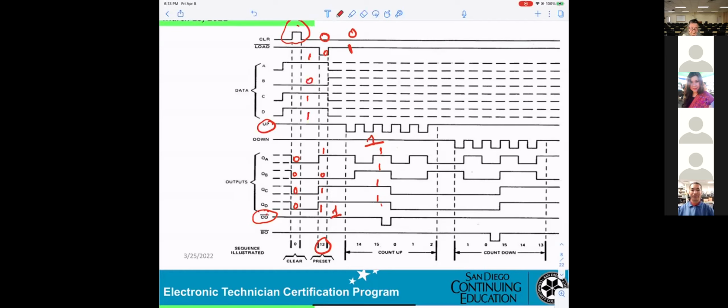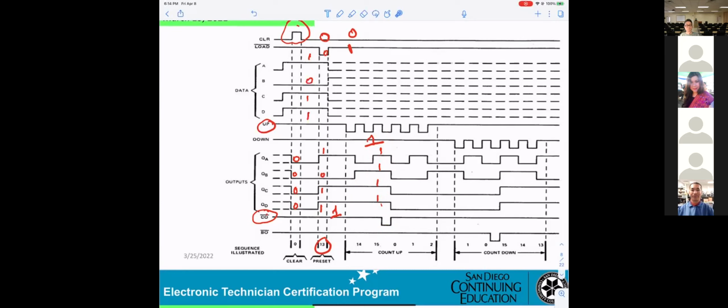Basically, they will be designed, okay? If the output of the time of the second goes up to 60, then the CO go low. So the minute circuitry, they're looking into low here, and they count 1. And the same for the hour. Okay, that's what they need the carry out.